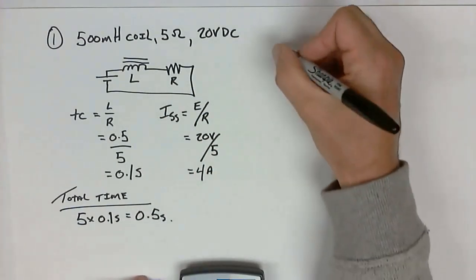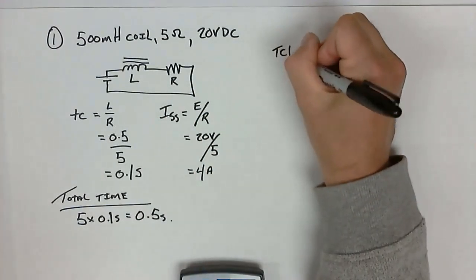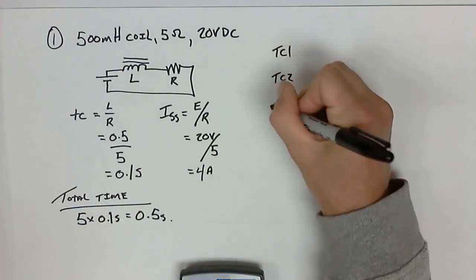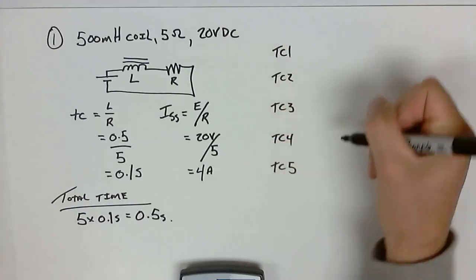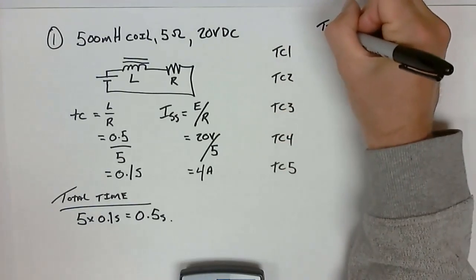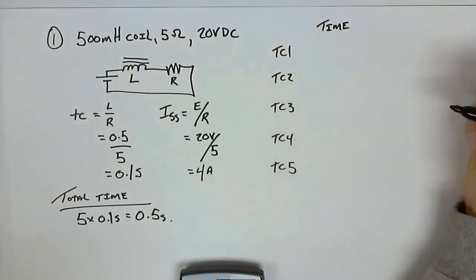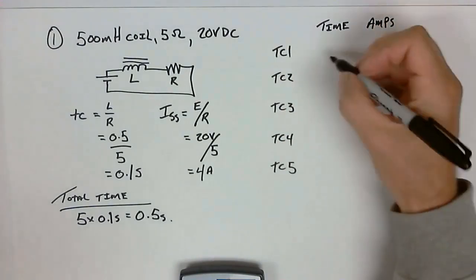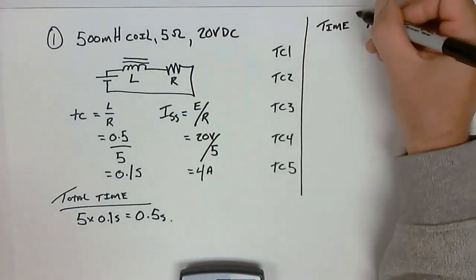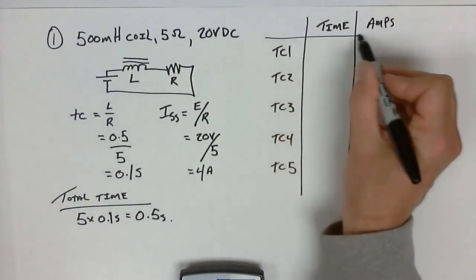Well, let's work out time constant 1, 2, 3, 4, and 5. We want to know what the time is to reach each one and the value of amps that we would expect to reach at each one of these time constants.